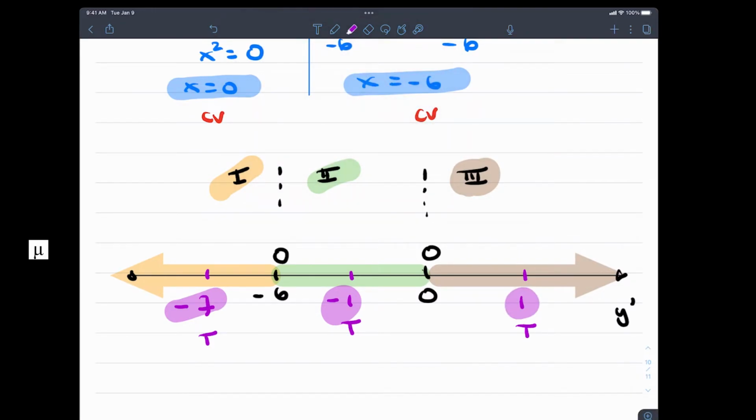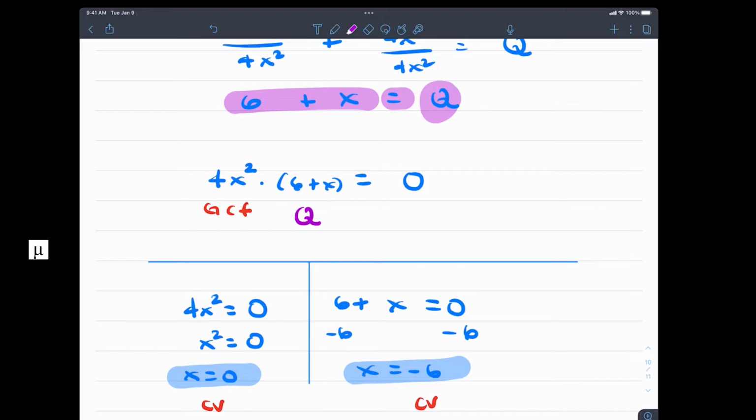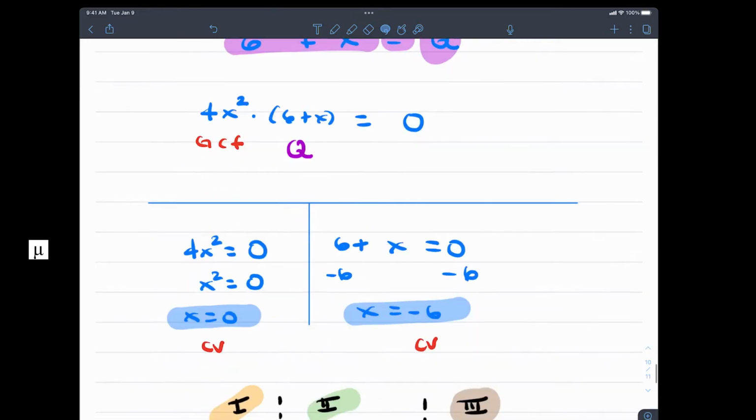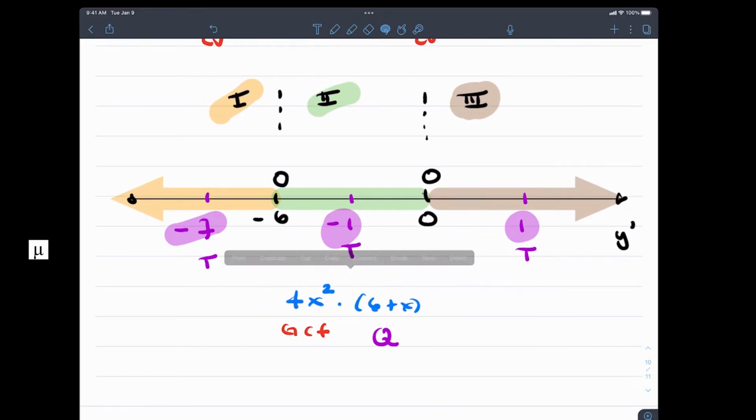So notice, what are we testing again? The signs on the first derivative. Okay, so we have to get the first derivative. I'm going to say to you, it's right here, but it's y prime. I'll copy. Okay.